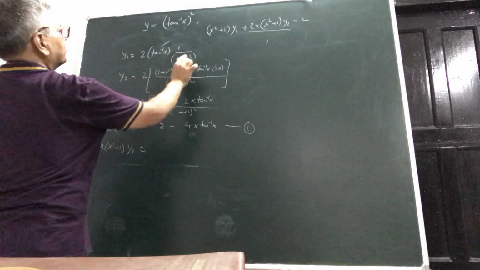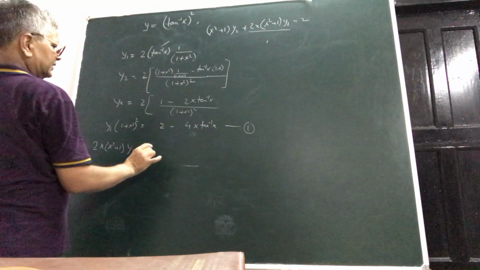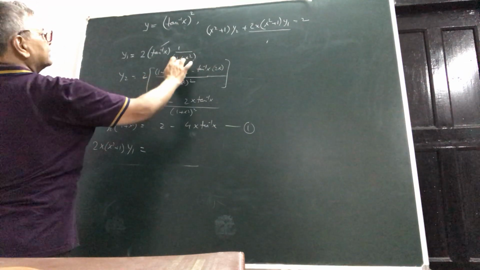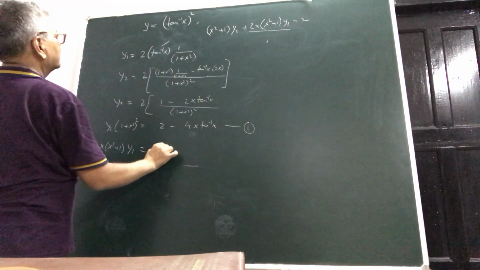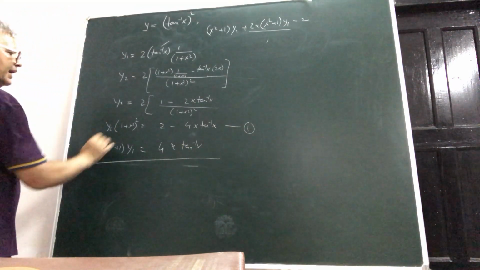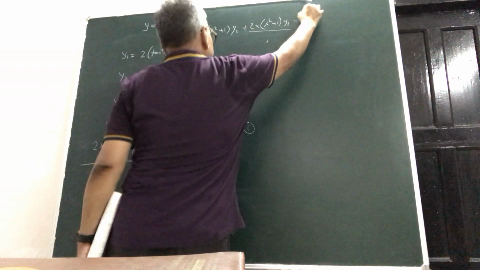Simply here you multiply with this thing. Here y1 is 2 tan inverse x upon this thing. So when you multiply with 2x times x square plus 1, this x square plus 1 will cancel and you will get 4x tan inverse x. When you add these two sides, these two will cancel and you will get 2. This is the answer.